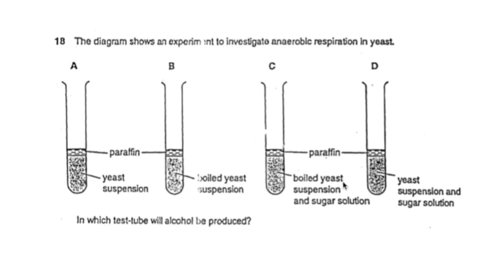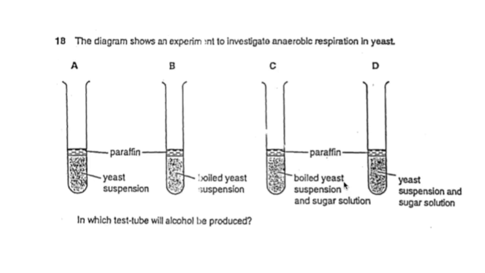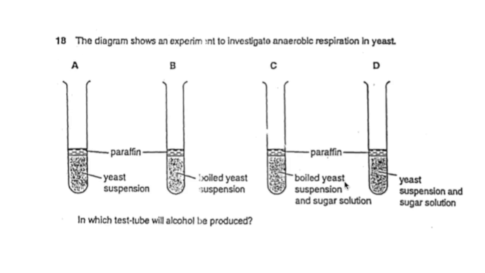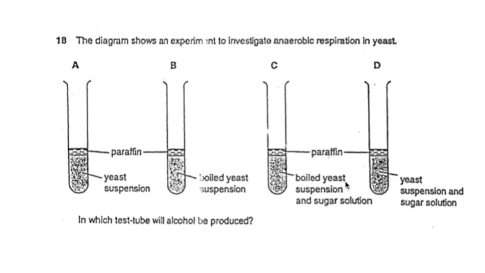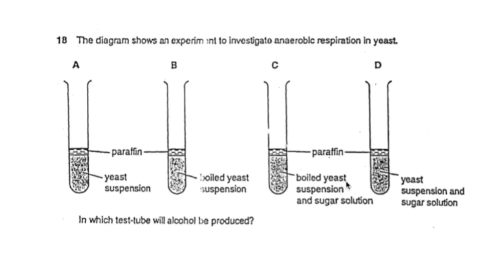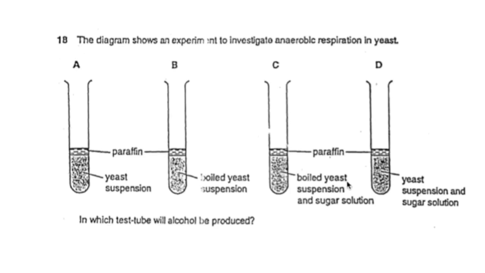Number 18. The diagram shows an experiment to investigate anaerobic respiration in yeast. In which test tube will alcohol be produced? Now, first of all, there are 3 things you need in order for alcohol to be released. Those are yeast, sugar, and the right temperature.